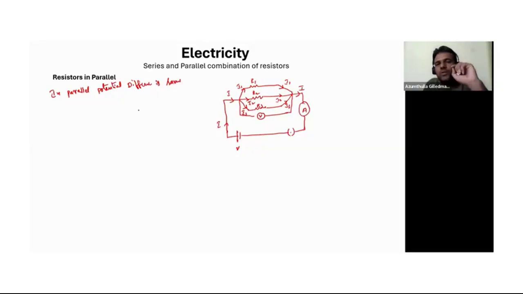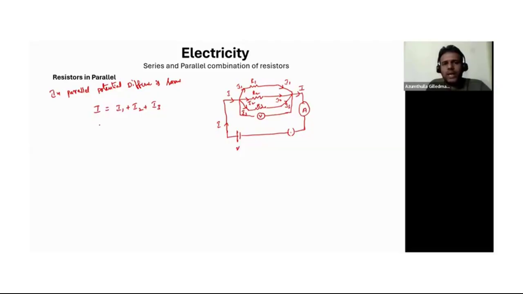So here potential difference is same, but in series connection, the current is the same. Understood? So then here in this circuit, this I is basically I1 plus I2 plus I3, right? So the total amount of current in the circuit is divided into three parts here. I1 plus I2 plus I3.